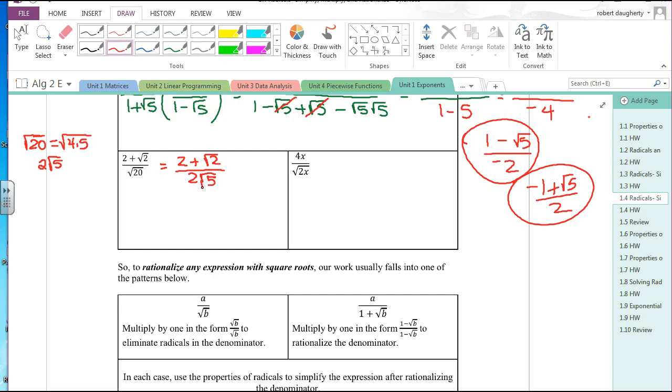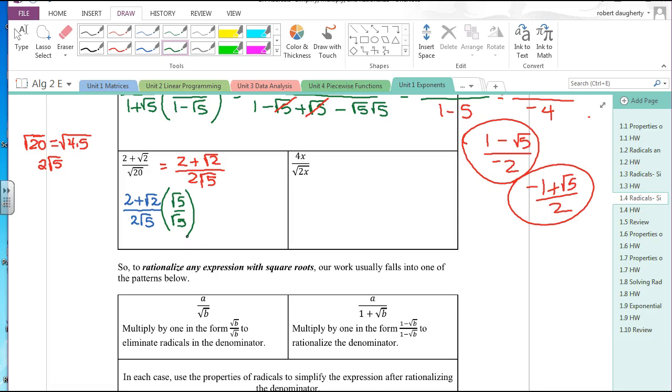Square root of 5 over square root of 5. So I can write this as 2 plus square root of 2 over 2 root 5, and I'm going to multiply by square root of 5 over square root of 5. Okay? You're multiplying by 1 in the form square root of 5 over square root of 5 because what you want to go away is this square root of 5 on the bottom.